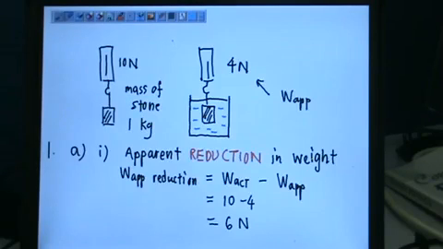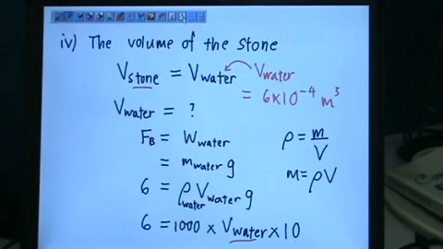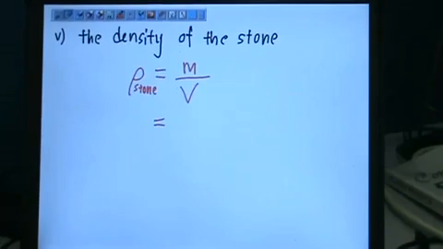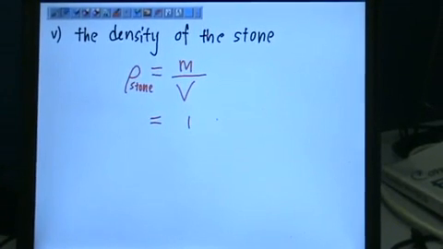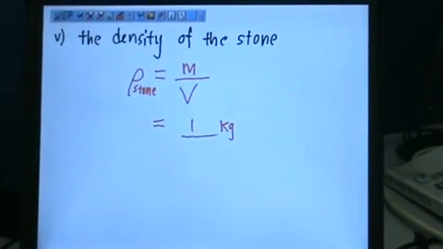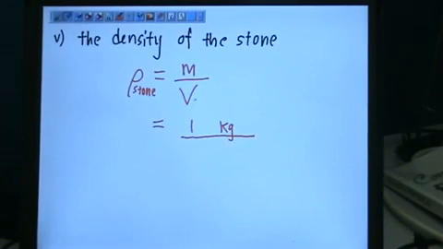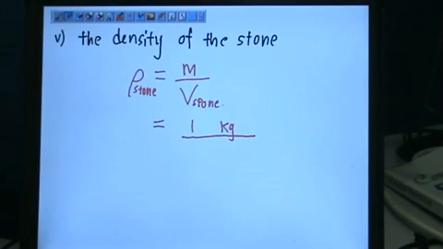Okay, the mass of the stone is 1 kg. The volume of the stone is 6 times 10 power negative 4. 1 kg, volume of the stone, 6 times 10 power negative 4.